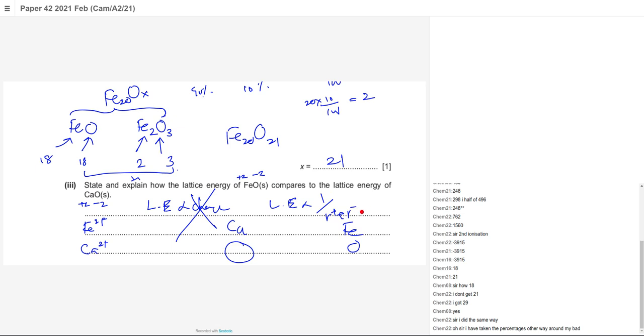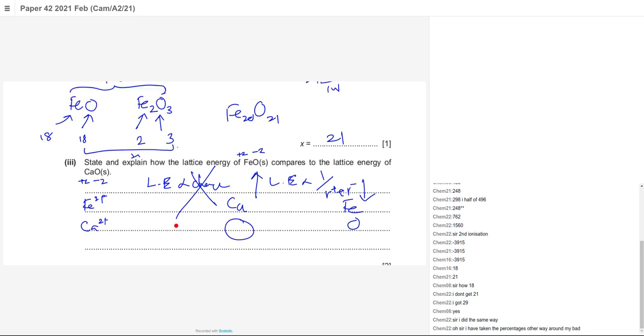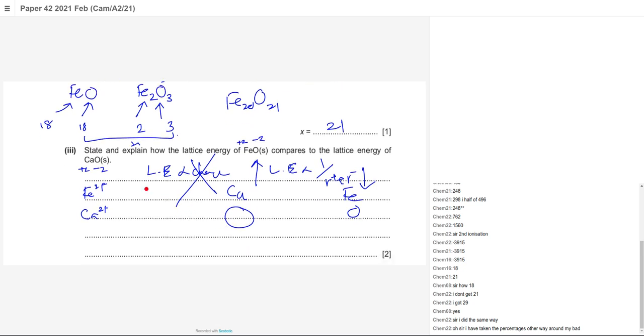So the iron 2 oxide will have a smaller sum of the ionic radii. Therefore, the lattice energy of the iron 2 oxide will be much greater than the lattice energy of the calcium oxide. So mention here, Fe2 plus has a small ionic radius compared to calcium 2 plus.